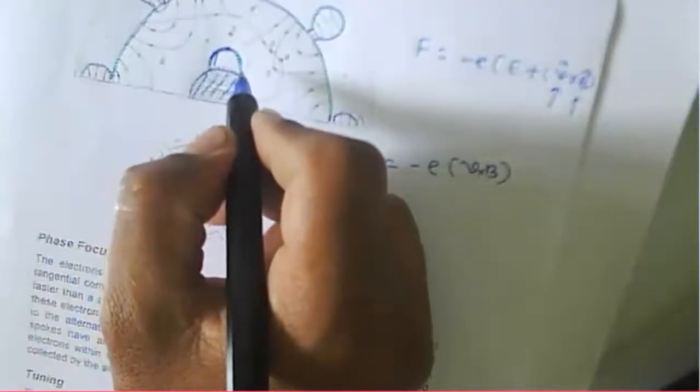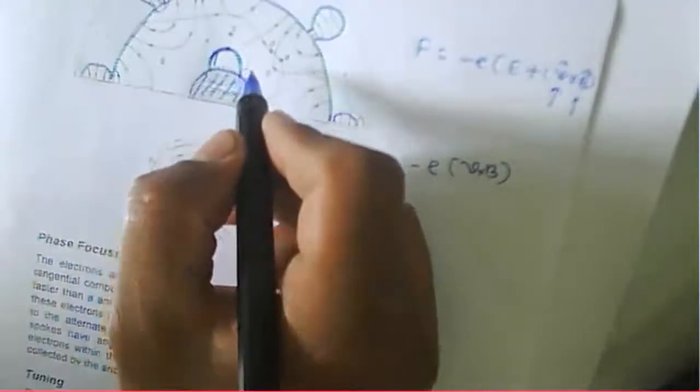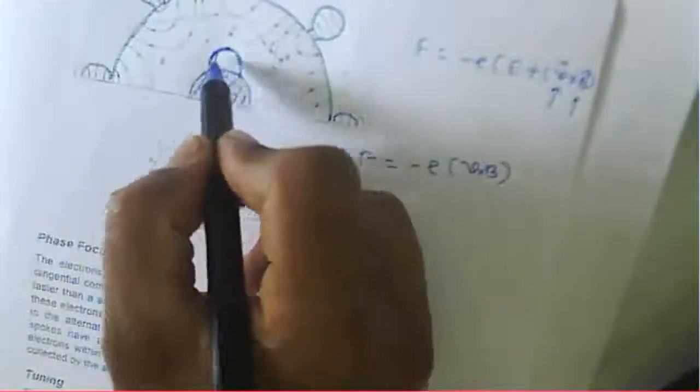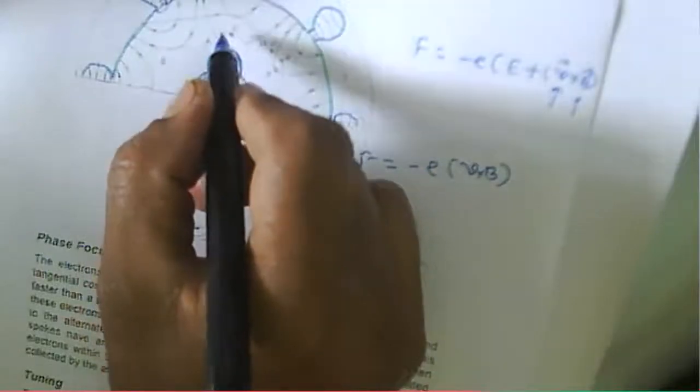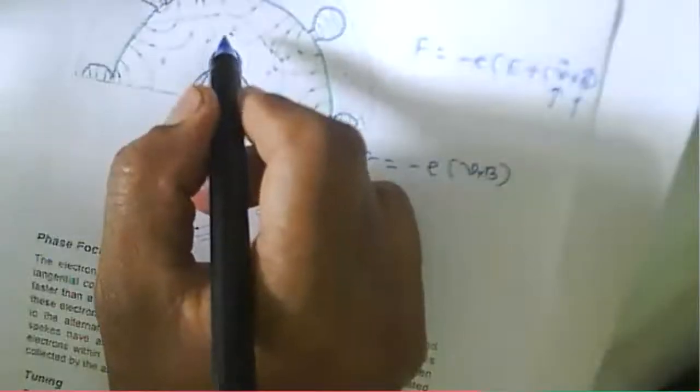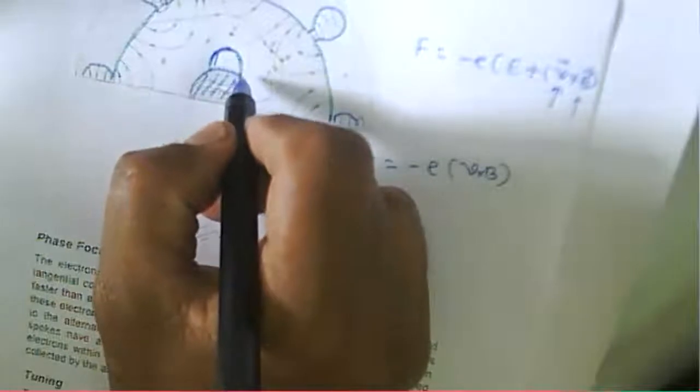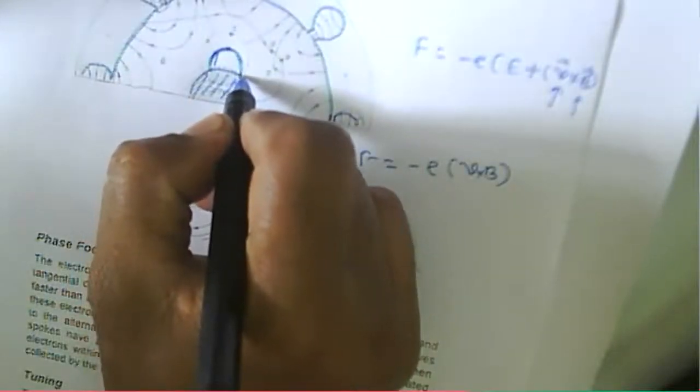Those electrons moving in the field, if there is no RF field, will return back. If the RF field is present, the electron will experience a force of the electric field as well as the magnetic field, and the electron will be accelerated or decelerated.